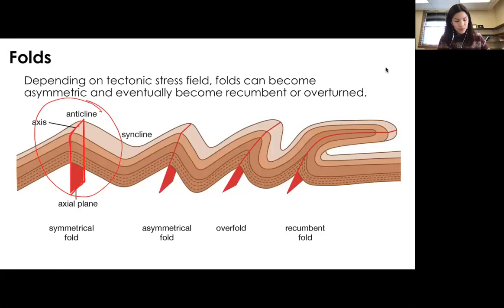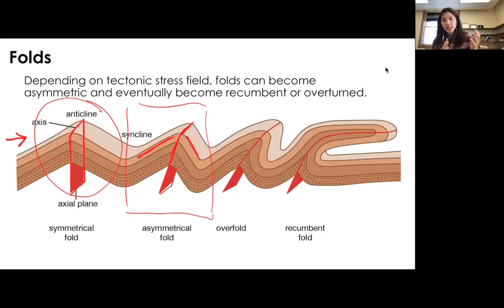However, if we were to increase the stresses coming from the left direction, that would sort of tilt the anticline over. And so we start to get things that are called asymmetric folds in the second stage here, where one side of the fold is longer or at a different angle than the other side of the fold. And if we drew a plane through the axes of these folds, that plane would now be at an angle.